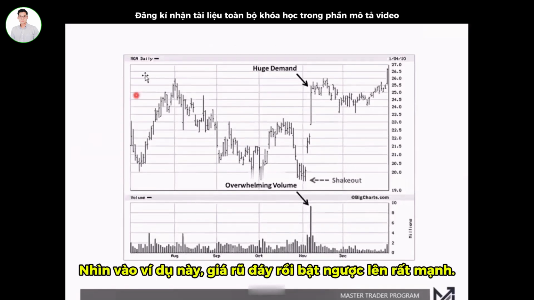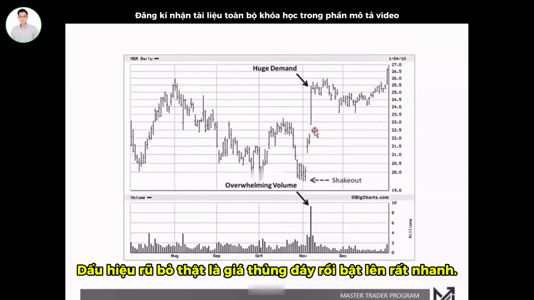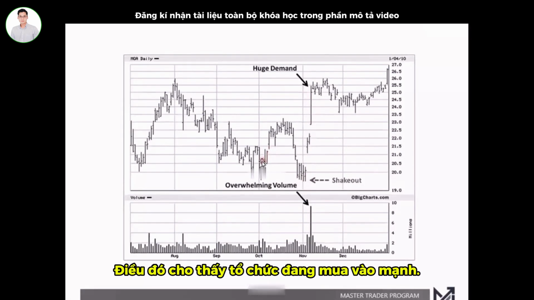Yeah, and you see this over and over. Take a look right here at MGA. Look at the right side. You shake out that low, and then you just come ripping back. One of the keys that you know it was a shakeout, part of wringing out that towel, is one of the twists within those several twists, or contractions: coming off the lows after you undercut, you come ripping back, and that shows that institutions are coming in.